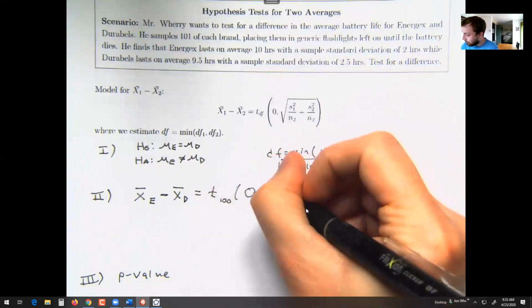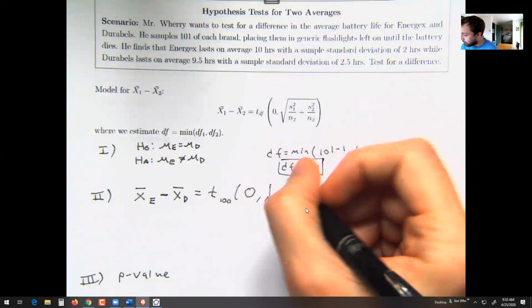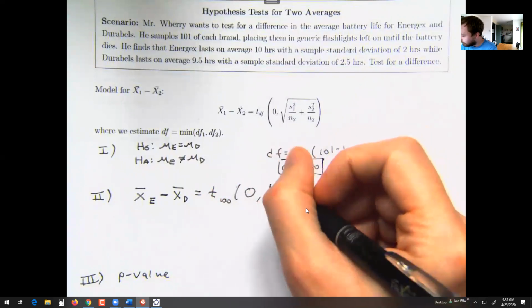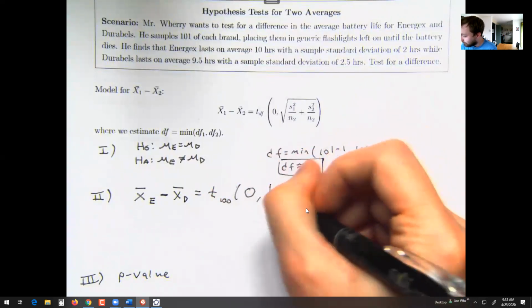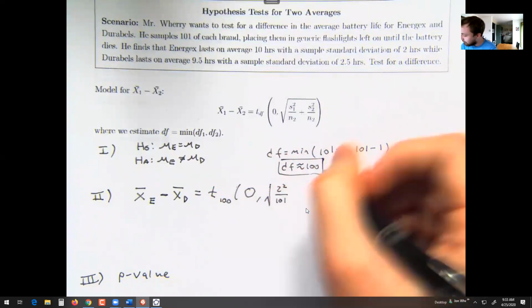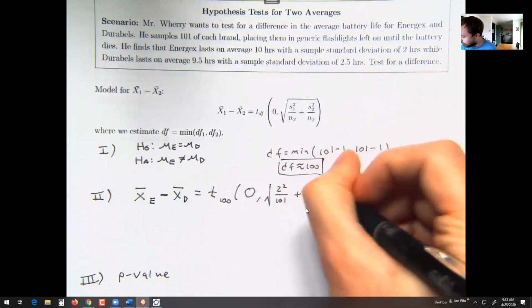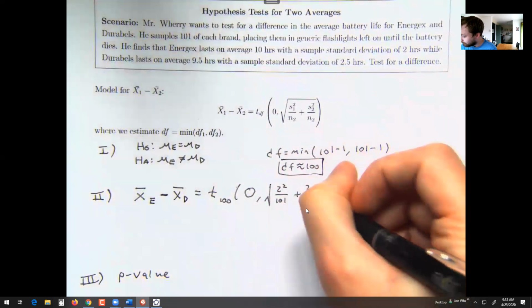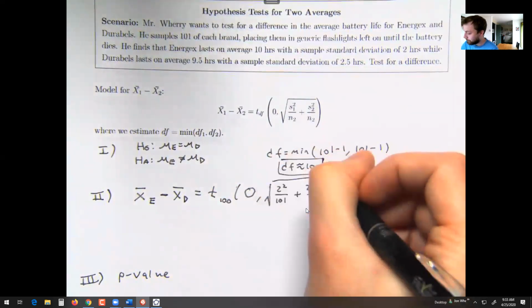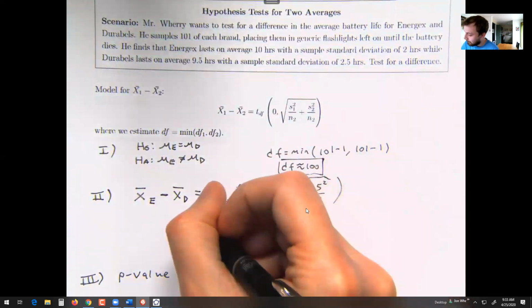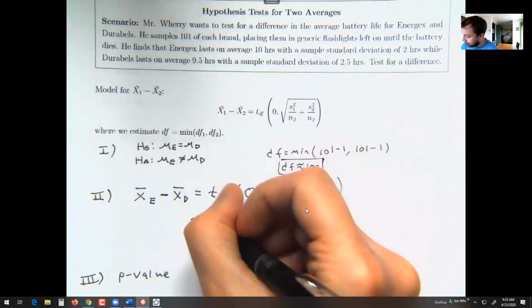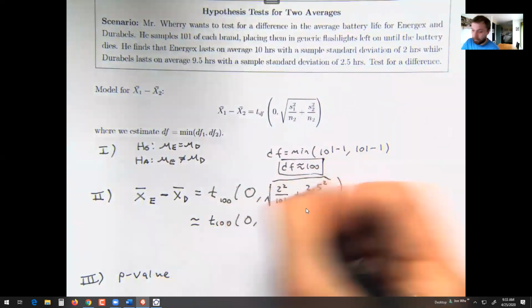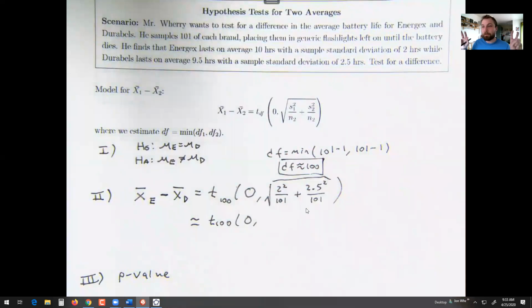My standard deviation is first standard deviation squared, so that's 2 squared over number of samples, 101, and second standard deviation squared, 2.5 squared over number of samples. This model is pretty forgiving in that if I get the order off on which thing is my first group or the second group, I've got addition, so it won't really matter that much.